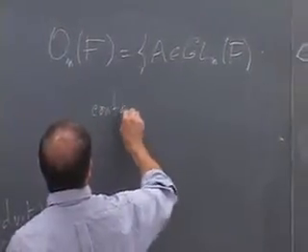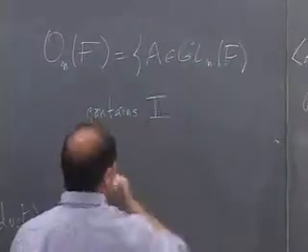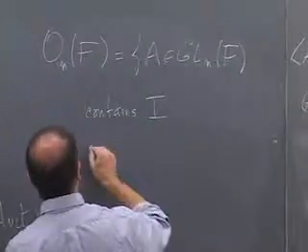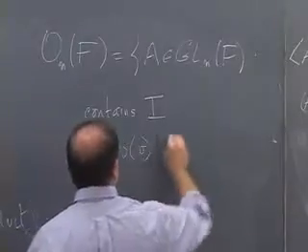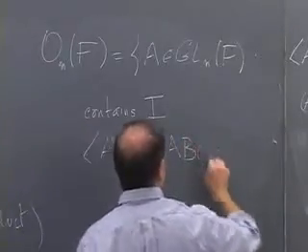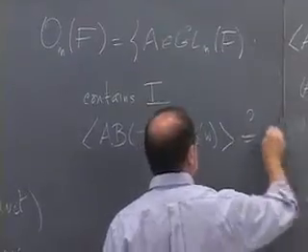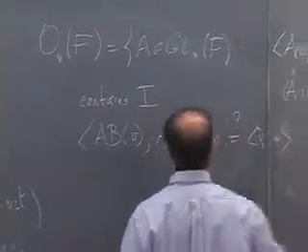Okay, so why is this a subgroup? Well, it certainly contains the identity element. If it contains A and B, is it true that the inner product of AB(V) with AB(W) is equal to the inner product of V with W? Well, let's see.